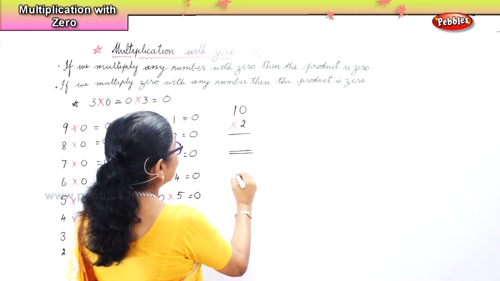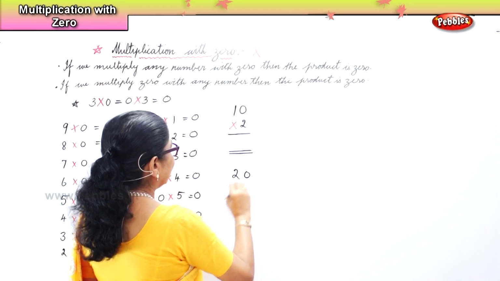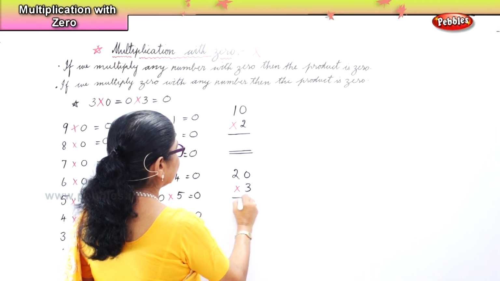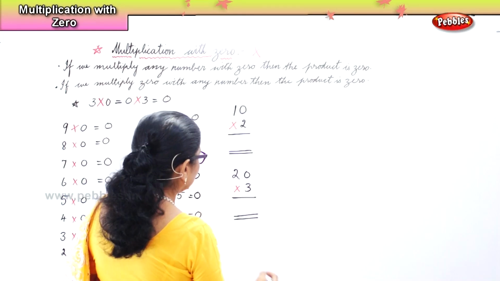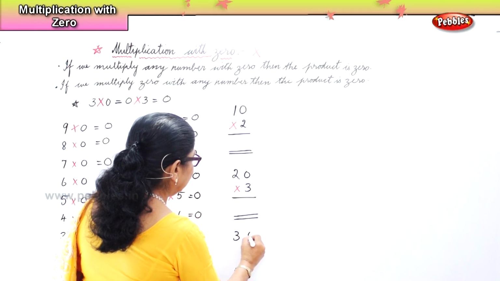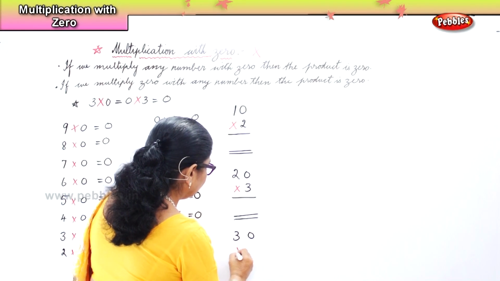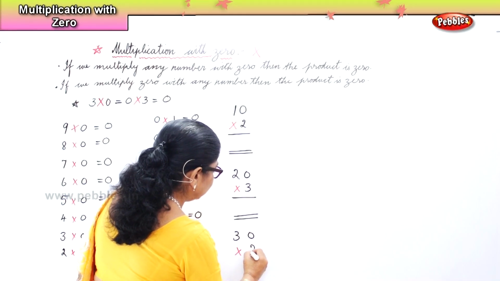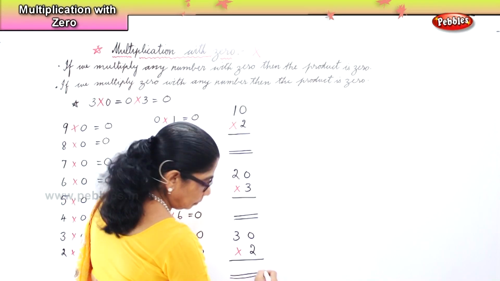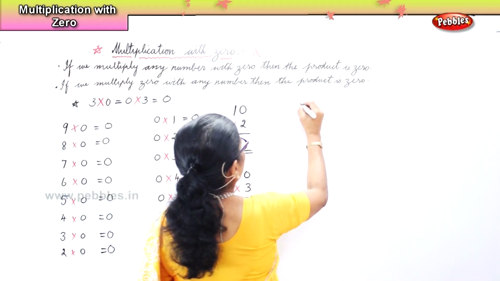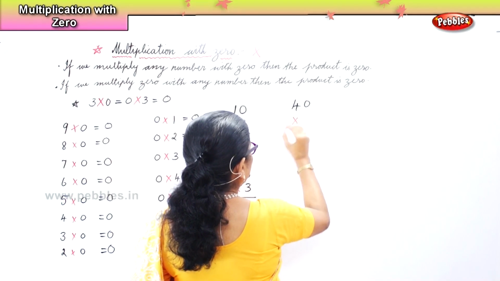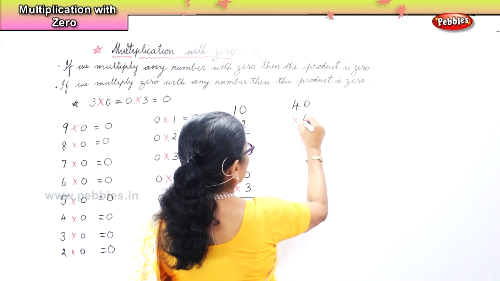All right, 20 into 3. Or 30 into 2. Now, 40 into 4.